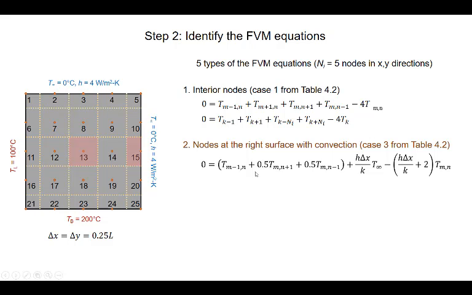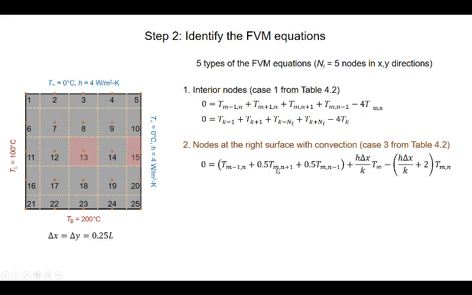We need to link the provided equation to our particular node counting convention. The same approach applies. m-1 corresponds to a node to the left. If we are looking at node 15, that would mean node 14. And if k represents the 15th node, then the m-1 n node is k-1.